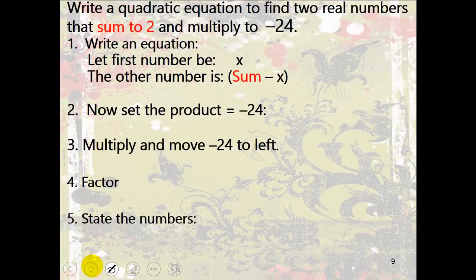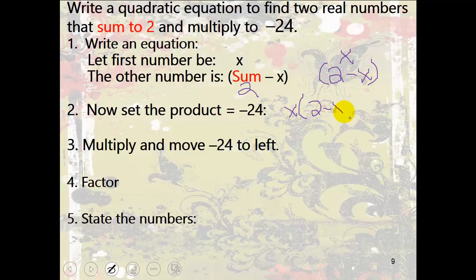Let's try another one. Write a quadratic equation to find two real numbers that sum to 2 and multiply to -24. So my first is x. My second number is 2 minus x. Now I set their product equal to -24.